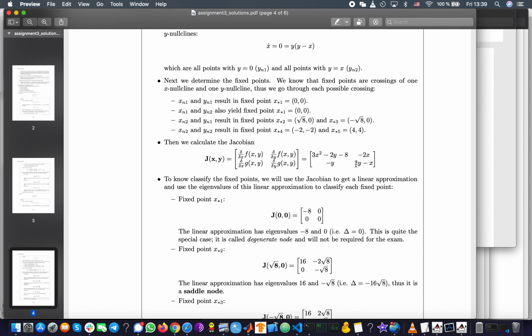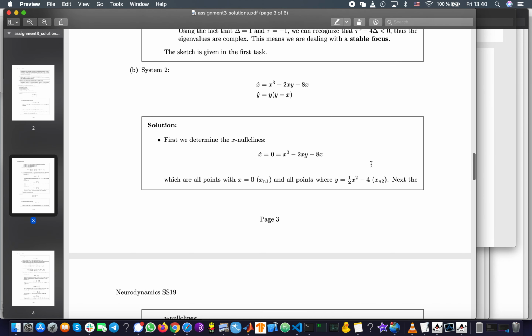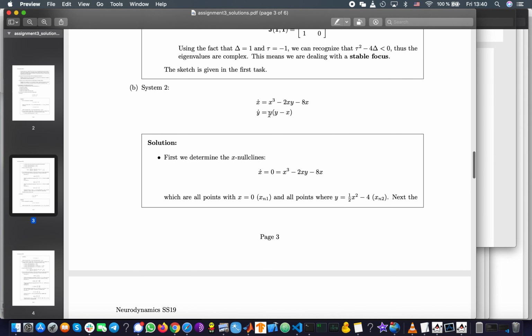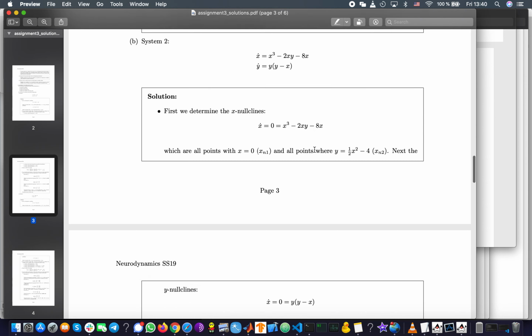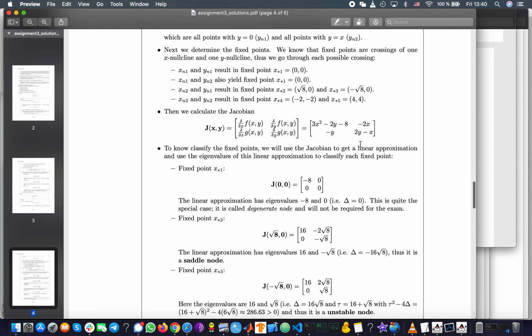We should calculate this. If we find y dot with respect to y, we have 2y minus y squared minus xy, right? So therefore we have 2y minus 2y minus x. Therefore we have 2 minus 2y minus x, and we calculate all of them.